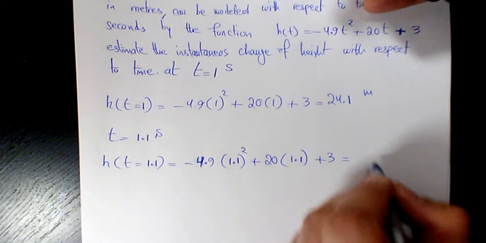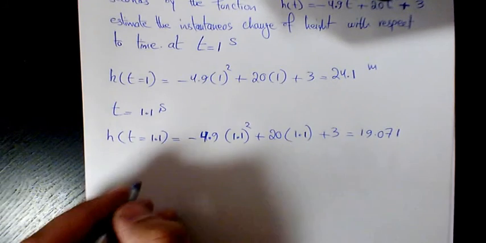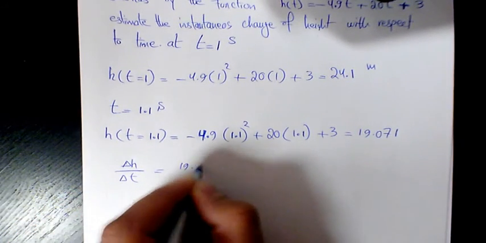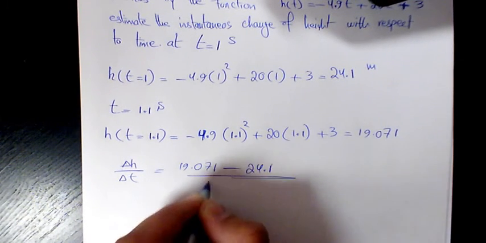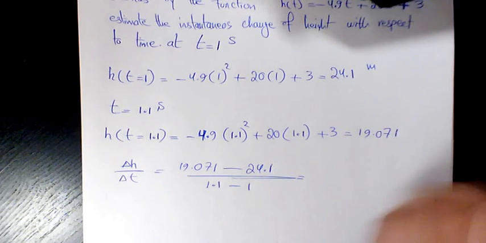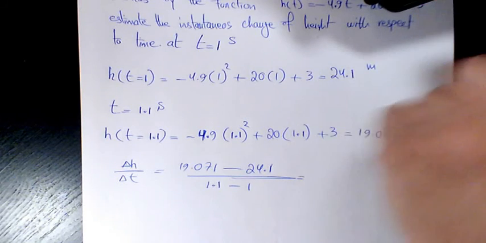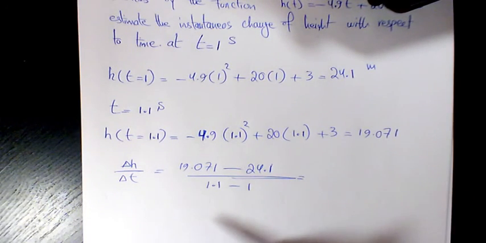That's going to be 19.071. So then you can say delta h over delta t is going to be 19.071 subtract 24.1 over 1.1 minus 1.